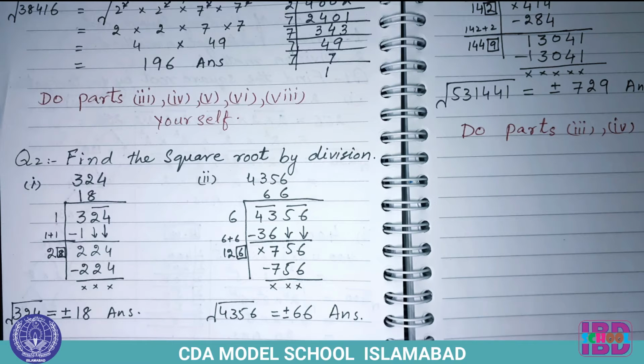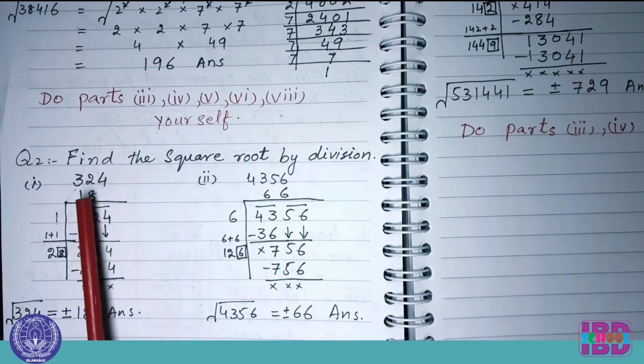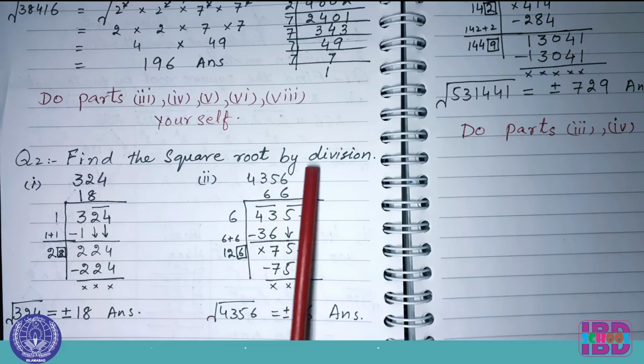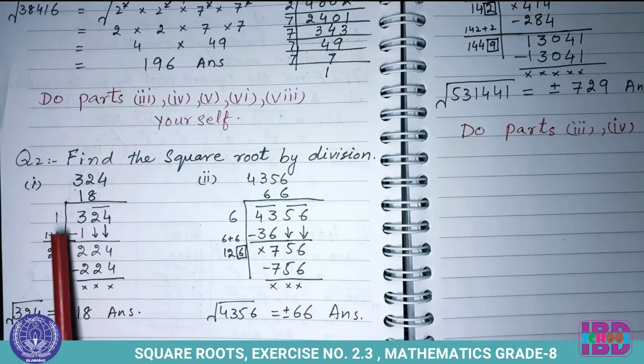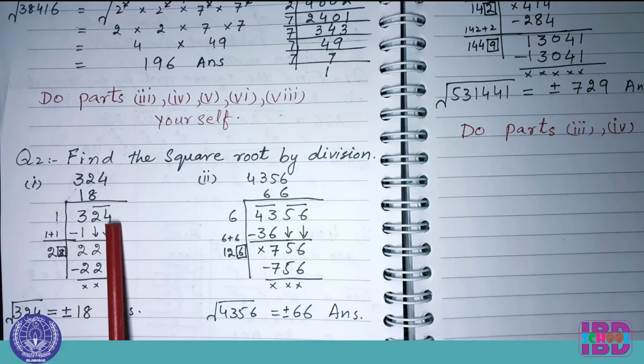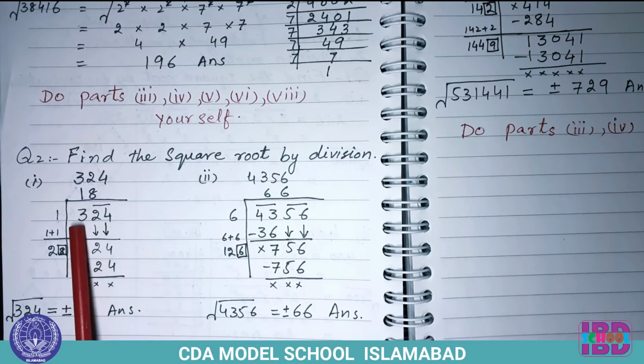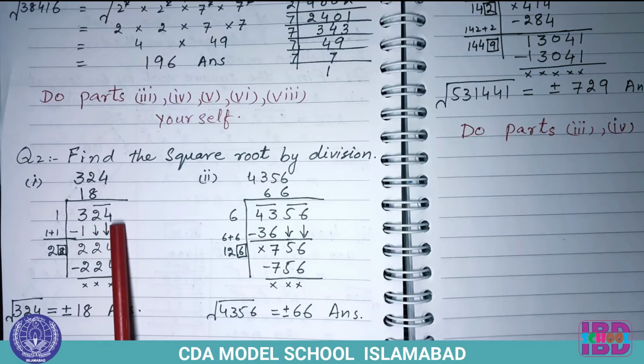Question 2, part 1 is to find square root of 324 by division method. For this, we draw two lines, one on the top of the number 324 and one to the left of the number 324.